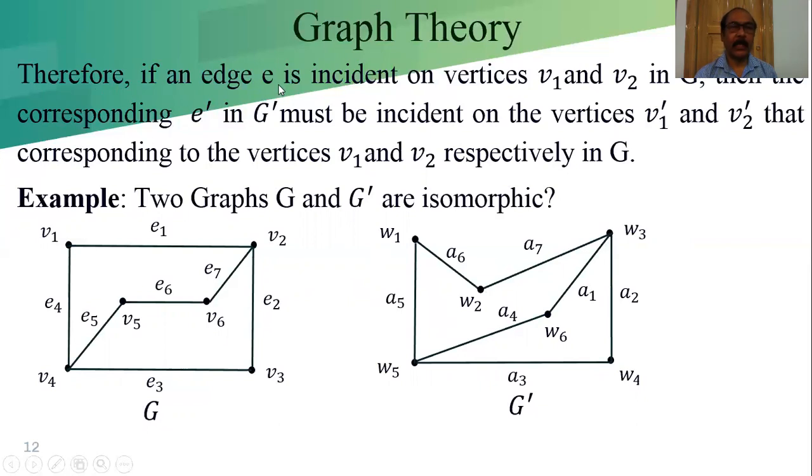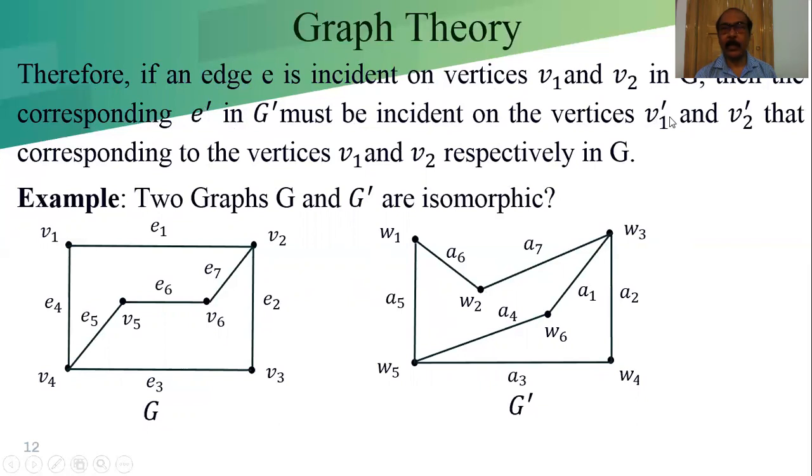Therefore, if an edge E is incident on the vertices V1 and V2 in G, then the corresponding edge E dash in G dash must be incident on the vertices V1 dash and V2 dash.